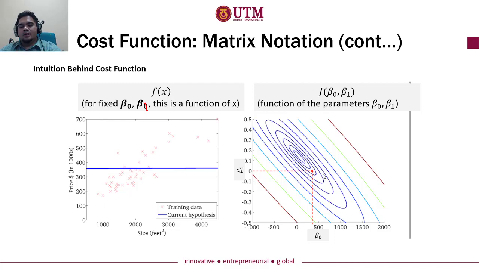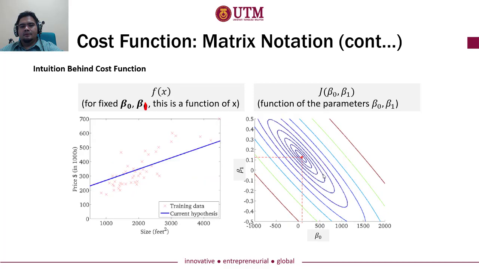Of course, the best one is this one, because this is the one where the cost function is as small as possible. That's why you can see the cost function at the center, where it occupies the minimum value on this cost function graph.